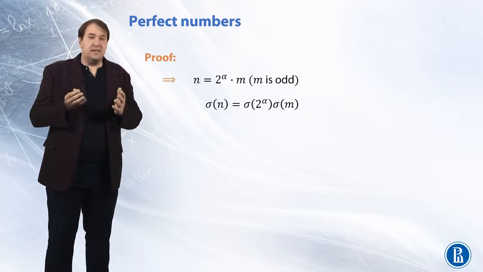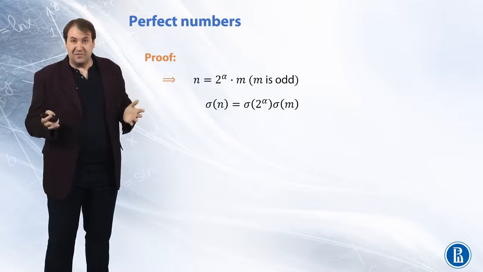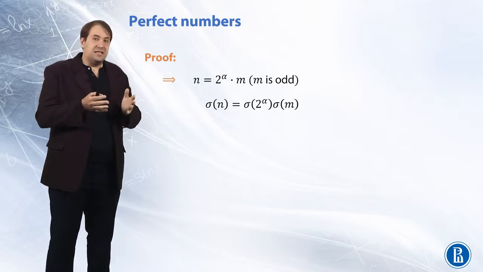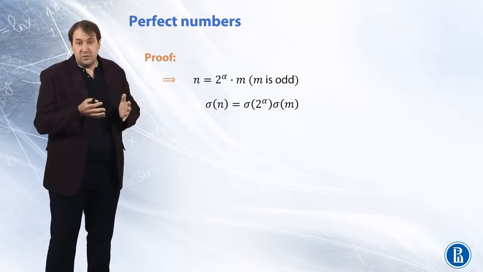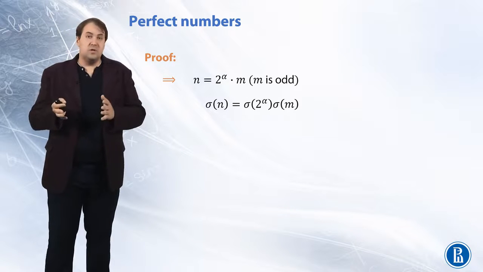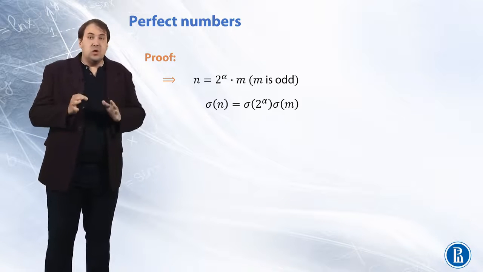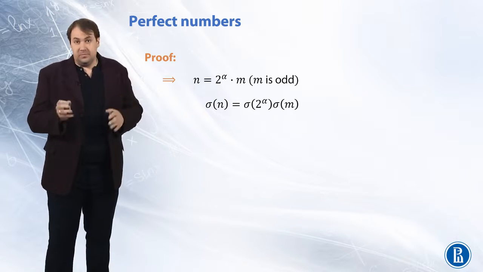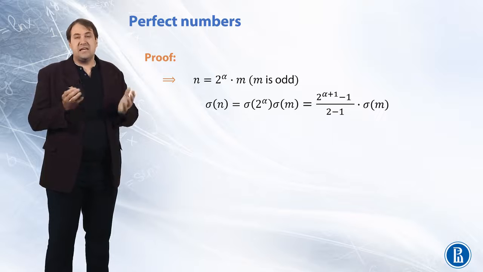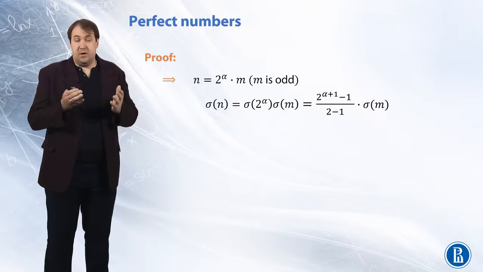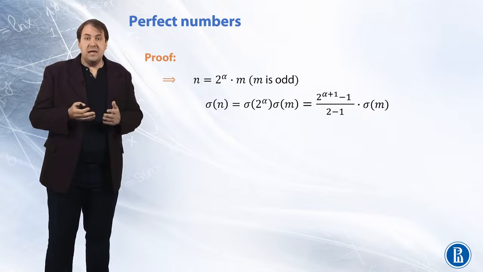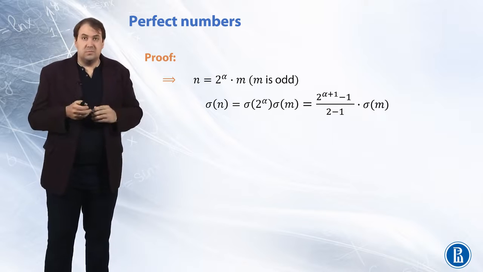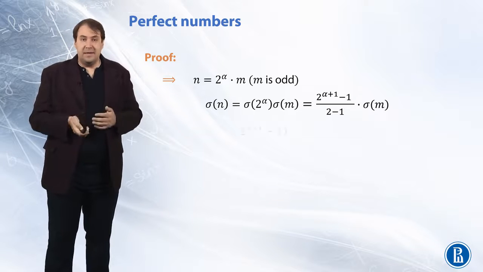Since the sum of divisors is a multiplicative function, we take separately the sum of all divisors of the power of 2 and the sum of all divisors of m. We don't know anything about m yet, except that it's odd. So the sum of all divisors of the power of 2 is given by this fraction, and there is some unknown factor which is equal to the sum of all divisors of m.